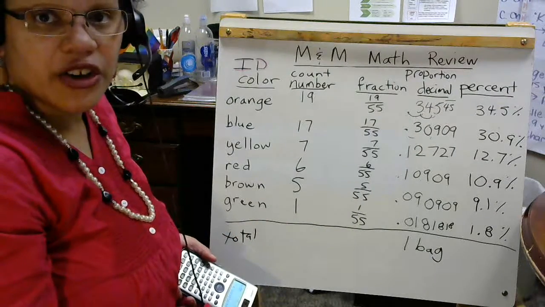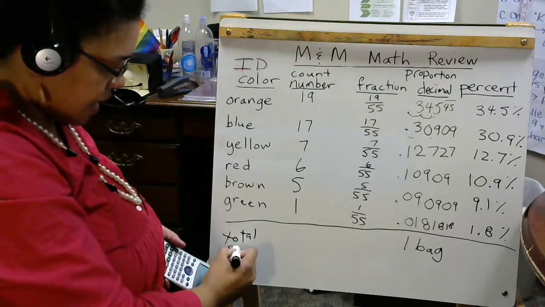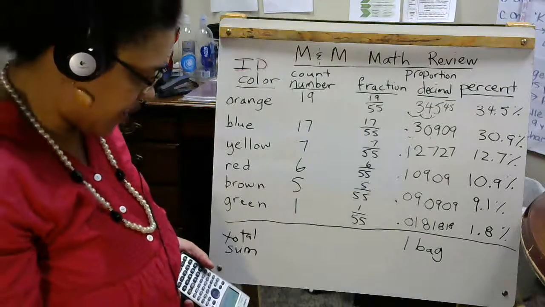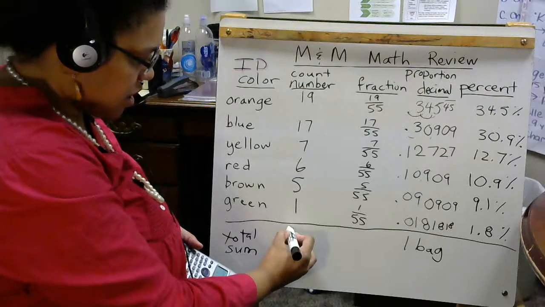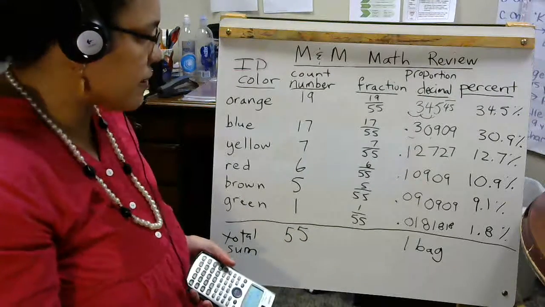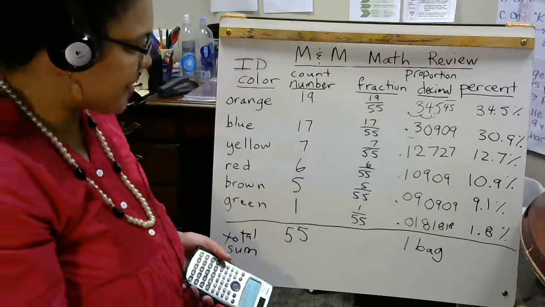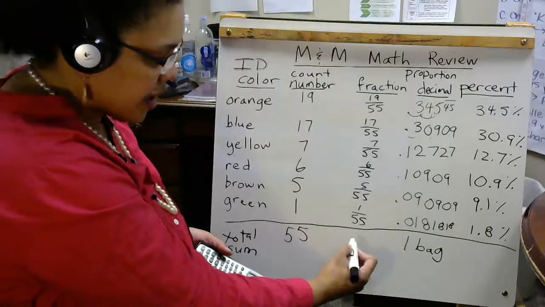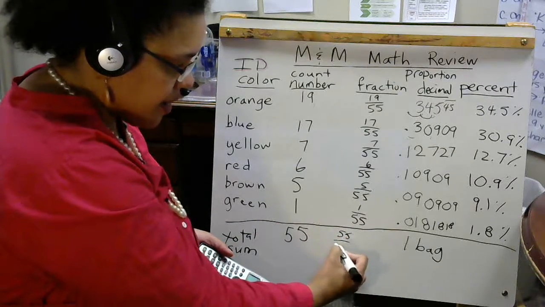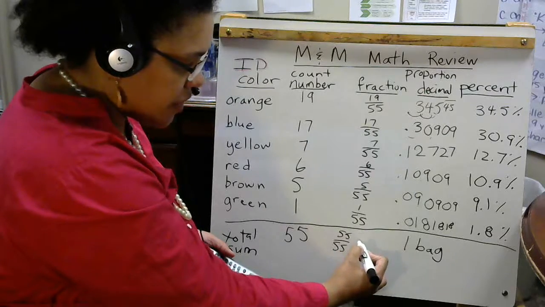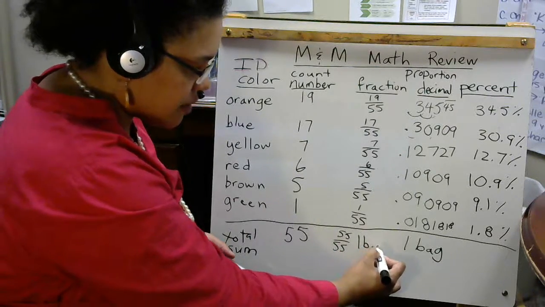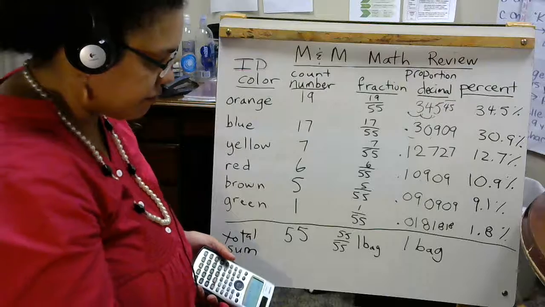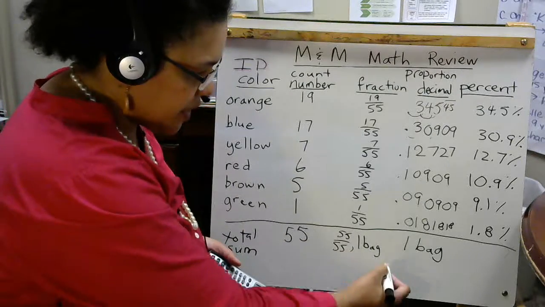Okay, another word for total is sum, because we add everything together, we sum everything in order to get a total. For the count, the total number of M&Ms was 55 M&Ms. For a fraction, the total is going to be 55 out of 55, or that's 1 bag, right? 1 bag of M&Ms. Okay, see that? Let me put a comma there.